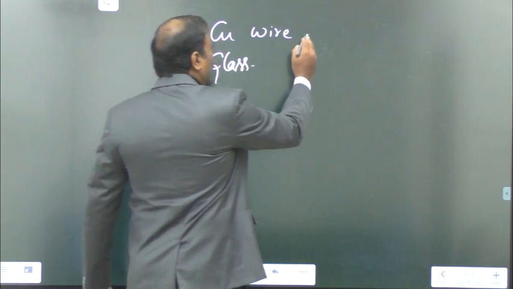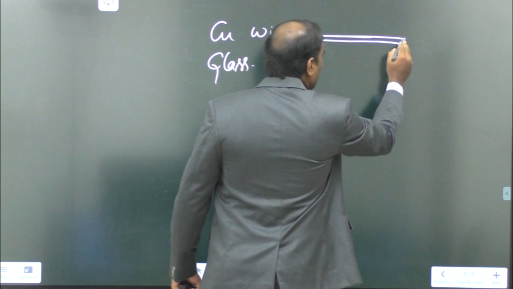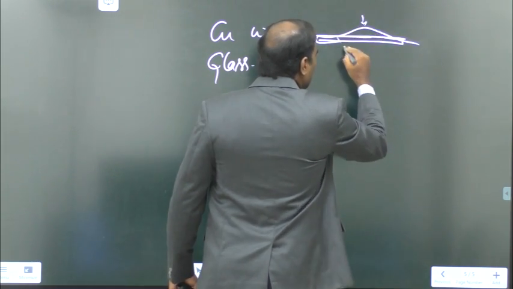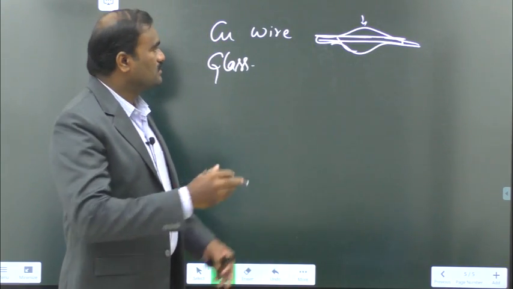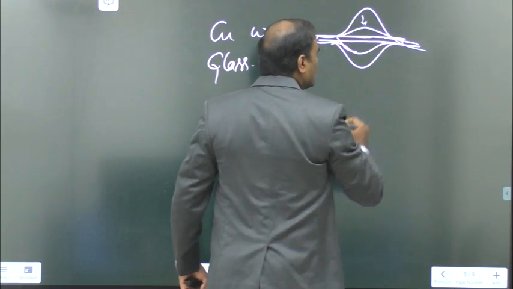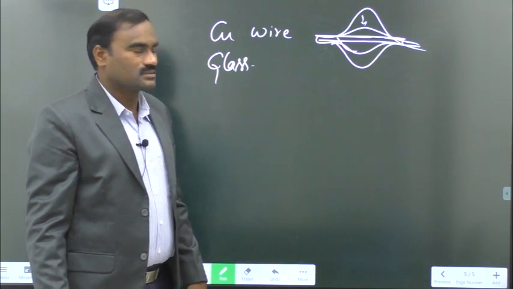As you hit the copper wire, at this place it becomes like this, and as you hit more it stretches more. At a particular point it breaks into two pieces.